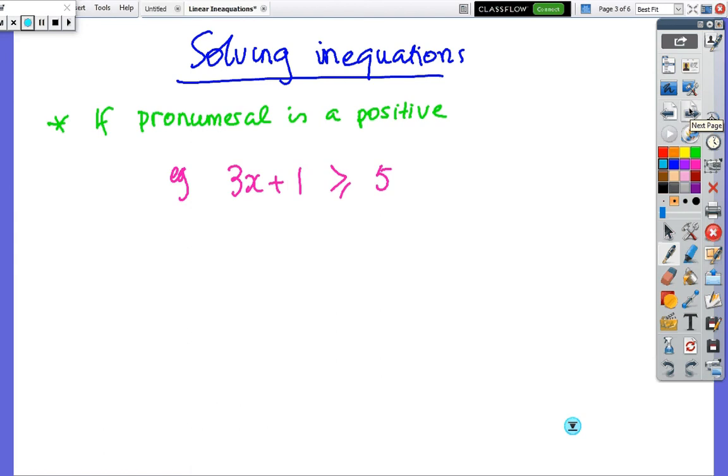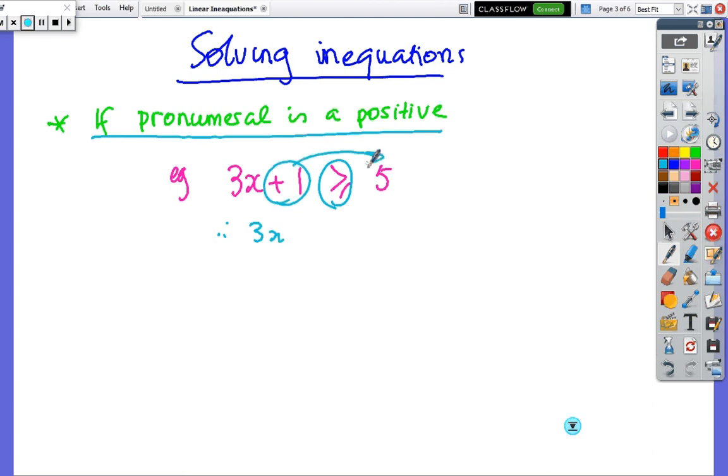Okay, so when we're solving equations, there are 2 types. The first one is if the pronumeral is positive at the end, and the other is if the pronumeral is negative at the end. For ease of sake, you could pretend that the sign is an equal sign and just do your normal operations. The +1 goes across, so it's 3x greater than or equal to 5 minus 1, which is 4.